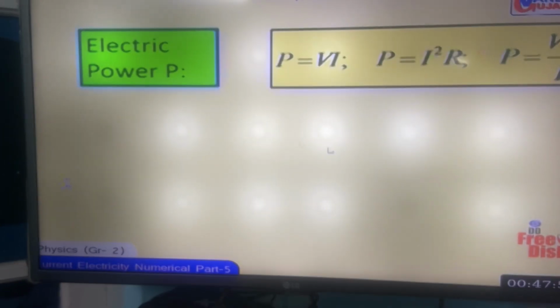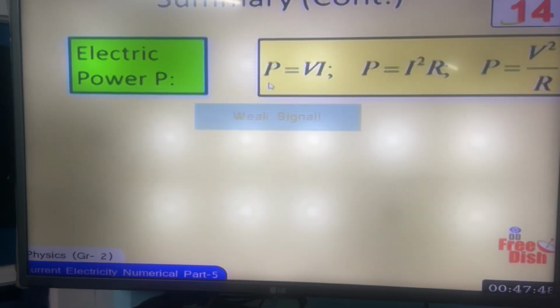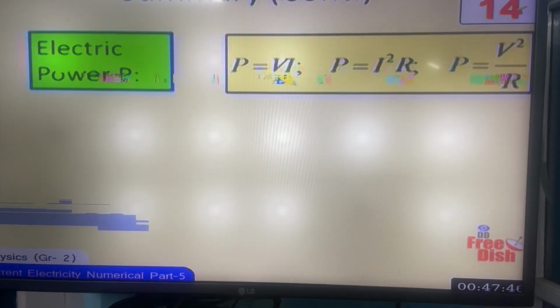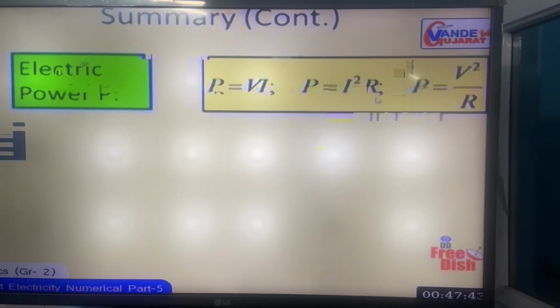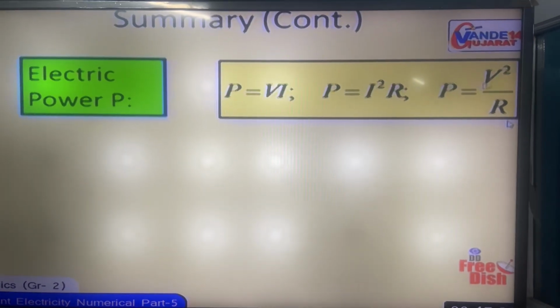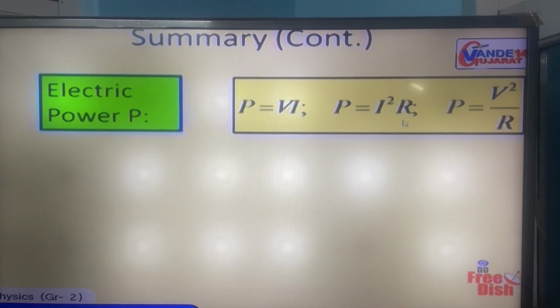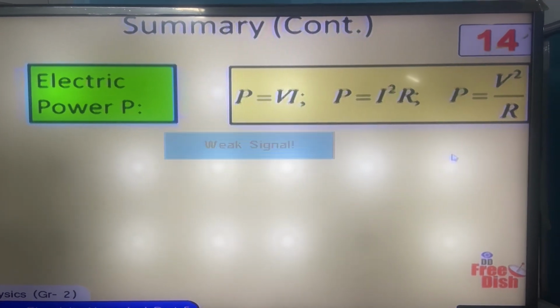Now, for electric power, we can utilize this formula: P is equal to V into I, or P is equal to I square into R, or P equals V square upon R. It depends upon what is given to you. You can use either of these formulas.